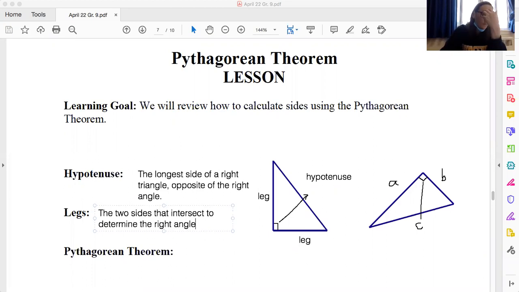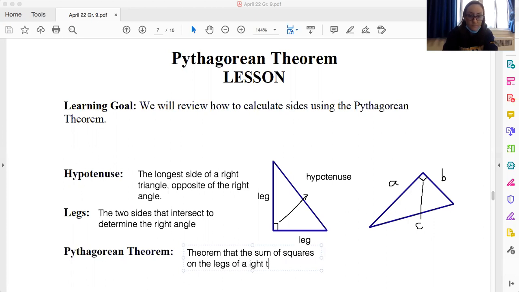And the Pythagorean theorem, which took me a very long time to be able to say in English because English is not my first language, is the theorem that the sum of the squares on the legs of a right triangle is equal to the square of the hypotenuse.